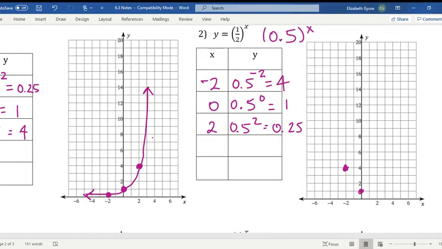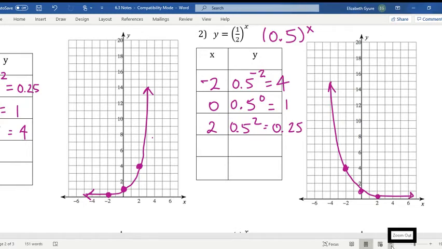And then at 2, .25, just a little bit above. Now this one, it's curving the other direction. Okay, so this is actually exponential decay. We want our graph to start up high and then go down low like this.